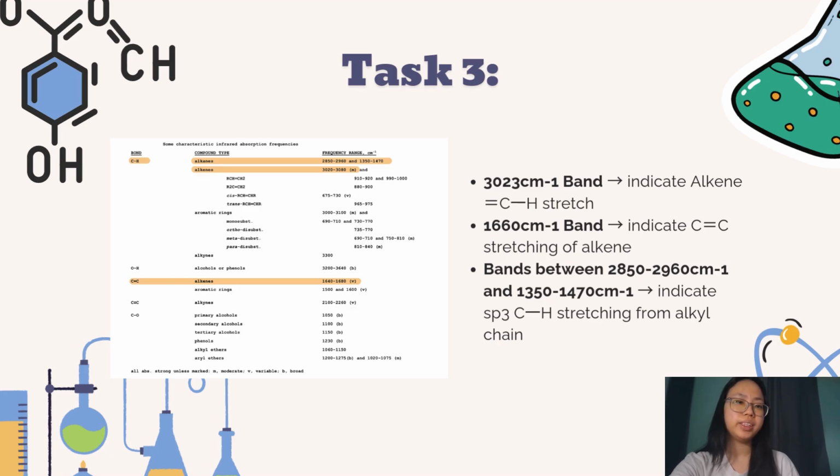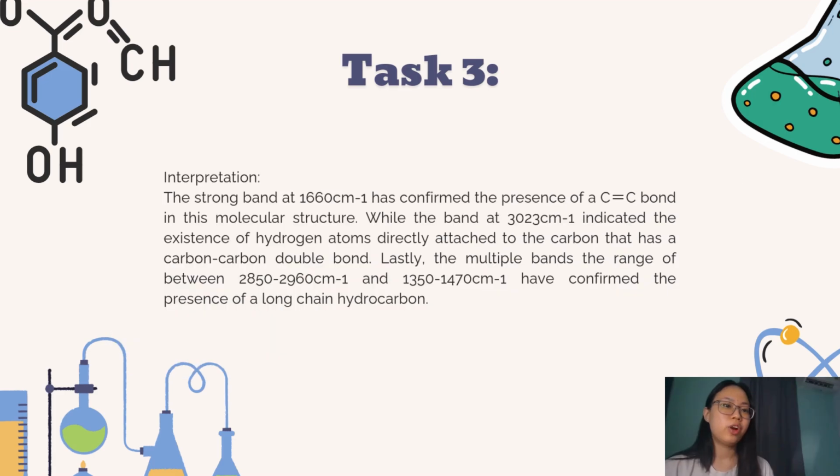There are 3 main bands that we can identify in the chemical structure. So I have highlighted them in orange in the table given in the picture. The strong band at 1660 per cm confirms the presence of a carbon-carbon double bond in this molecular structure, while the band at 3023 per cm indicates the existence of hydrogen atoms directly attached to the carbon that has a carbon-carbon double bond.